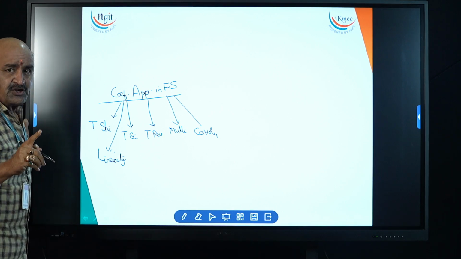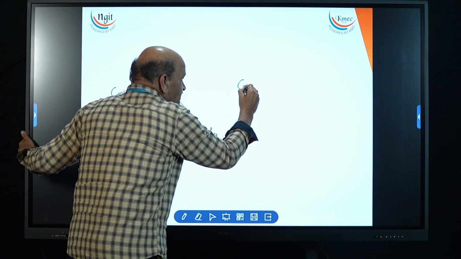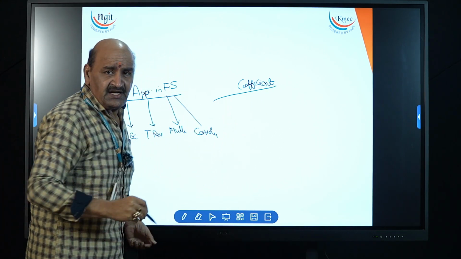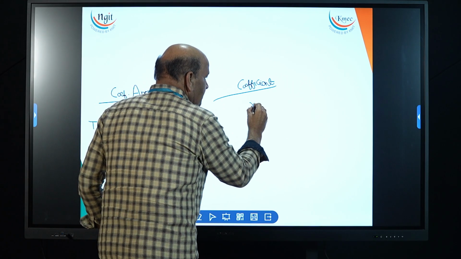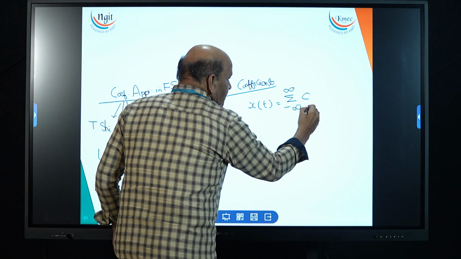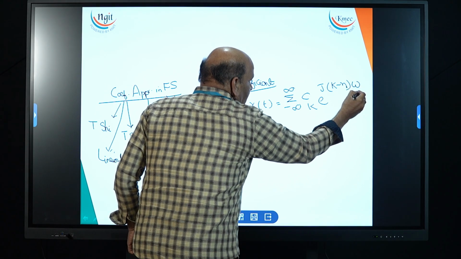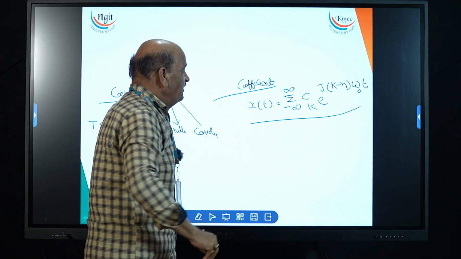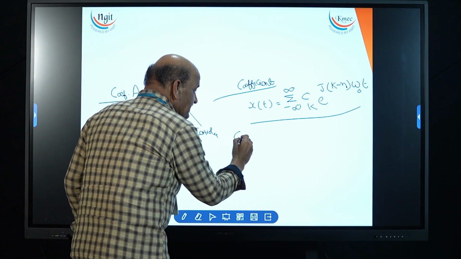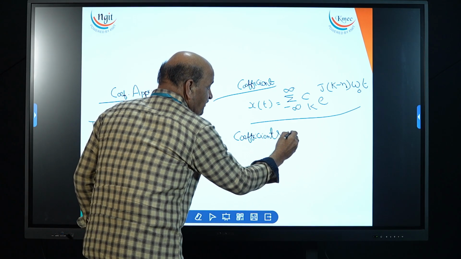Again, the essence of this topic I am telling you. Just look, coefficient, not plural. This is singular. Coefficient means we have to apply the formula x of t is equal to summation from minus infinity to infinity c of k e power j k omega naught t. Make it a point. This is coefficient of approximation, but coefficients plural, what are the coefficients in a Fourier series problem?